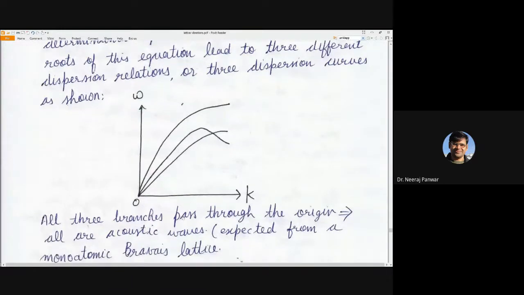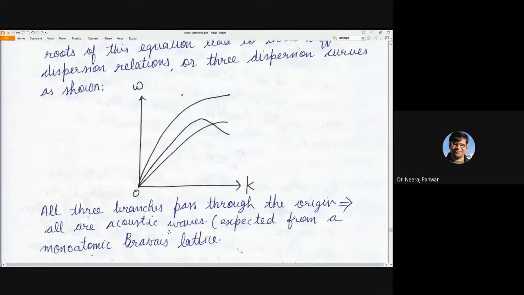All the three branches pass through the origin, as you can see from the graph. All are acoustic waves because this is the acoustic region. Therefore, all the three waves are acoustic, and this is expected from a monoatomic Bravais lattice.